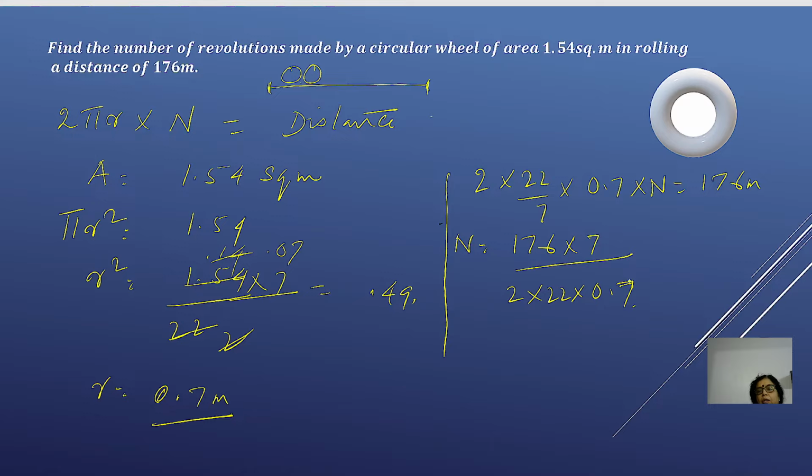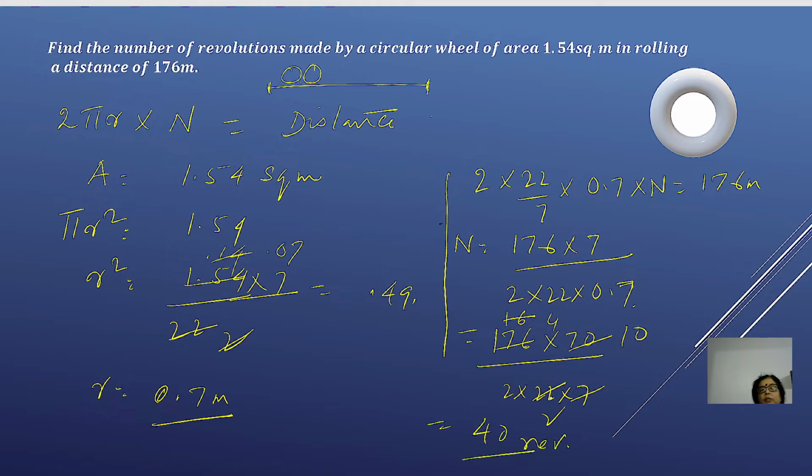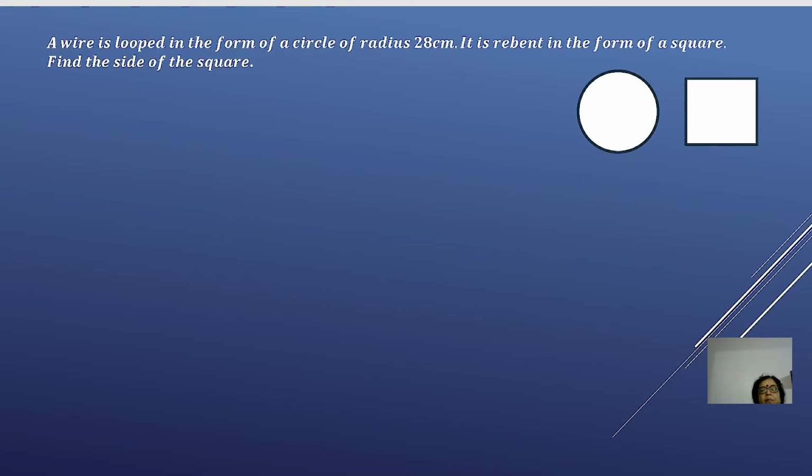So if you want, you can remove the decimal point over here and make this 70. We'll do it in the next step. So 176 into 70 by 2 into 22 into 7. This becomes 10, 11 twos, 11 ones, and 6. So 4, 4, 4, 16. So number of revolutions is 40. 40 revolutions it has to make so that it covers a distance of 176 meters.